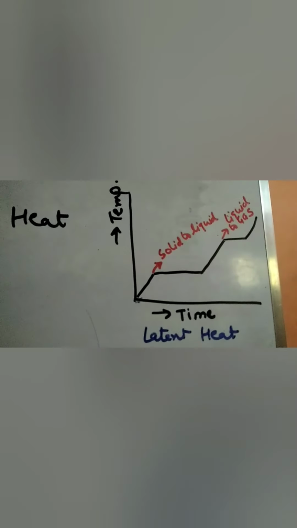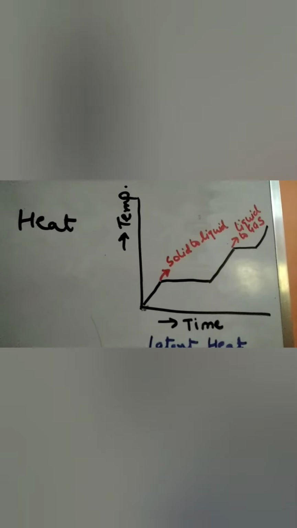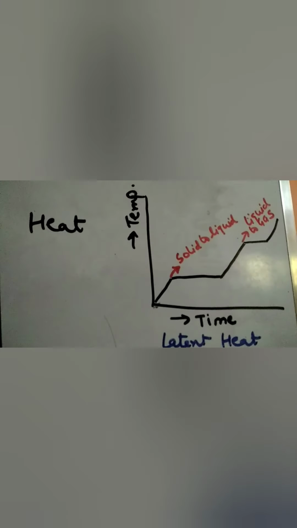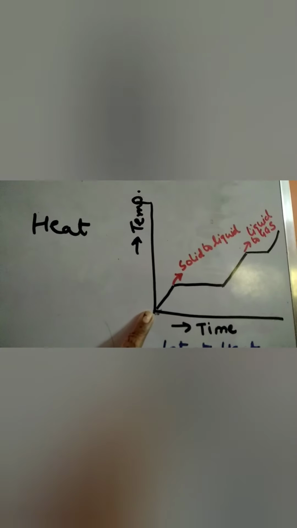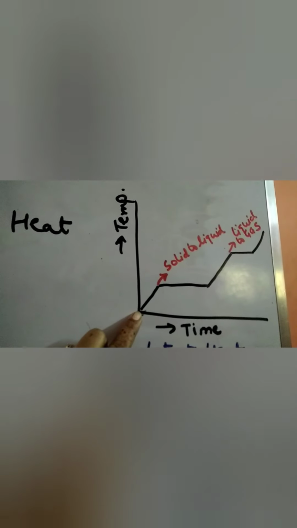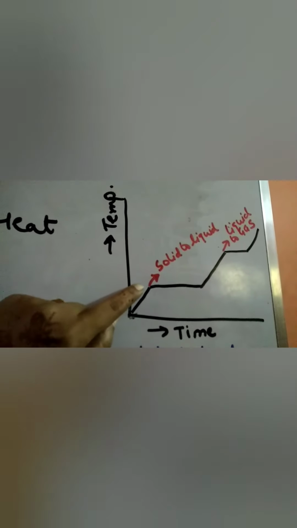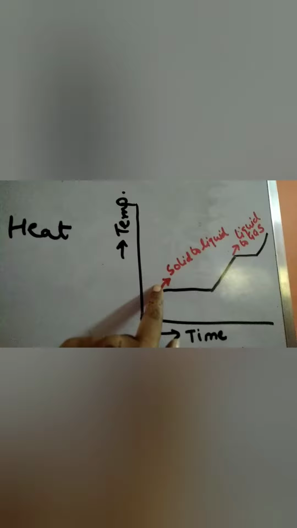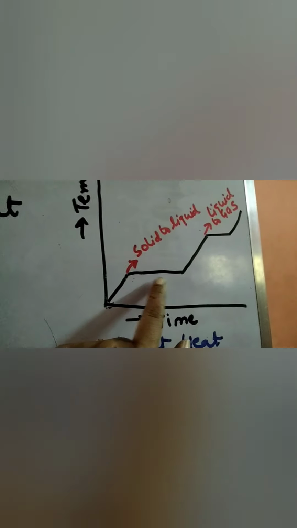In this activity, we will make something called a temperature-time curve, which will look something like this. Another phenomenon which we will explain by doing this activity is called latent heat. Latent heat is a hidden heat. When we do the activity, we'll start from ice. Ice is a solid. We'll slowly increase the temperature of ice. We will notice that when ice starts to convert completely into liquid water, the temperature will remain the same. A little bit of time lapse will happen.